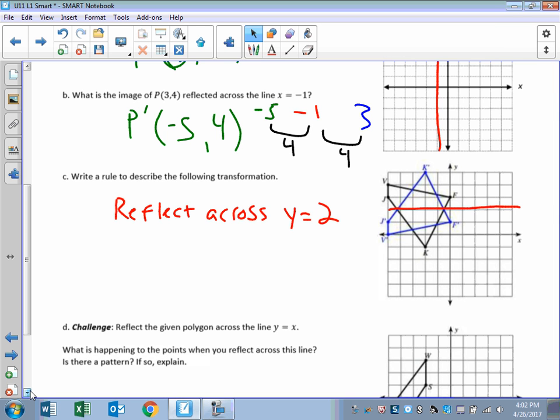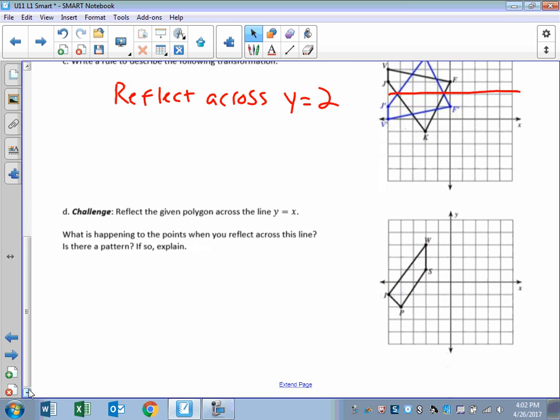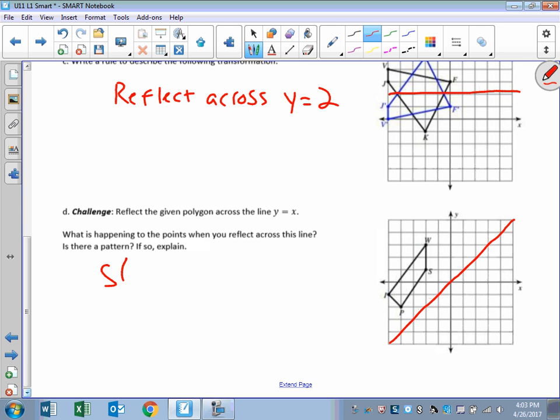Now, the tricky reflection is when you're reflecting over a line that's diagonal. Okay, so y = x, everyone should know what that looks like. It's a parent function for linear functions. It means for every value of x, it's the same value of y: (1, 1), (2, 2), (3, 3), (4, 4). Okay, so like I said earlier in the video, the challenge for this is you switch directions. So if we start with maybe S, S is at (-2, 1).